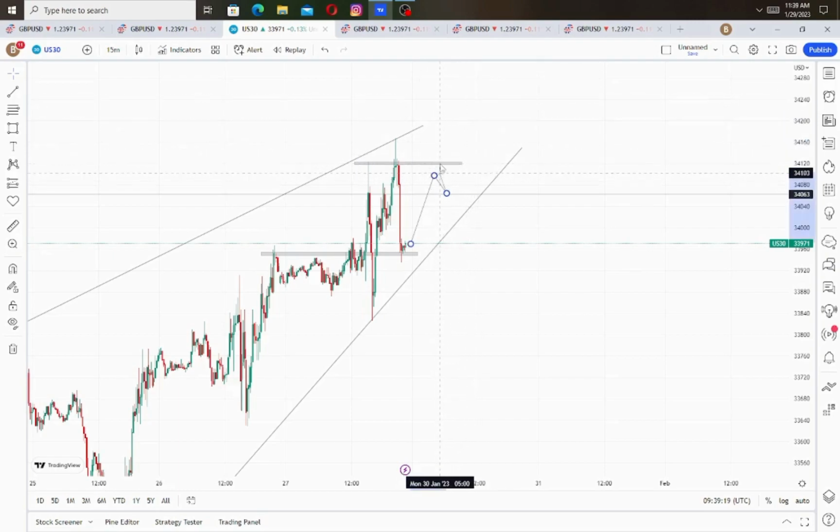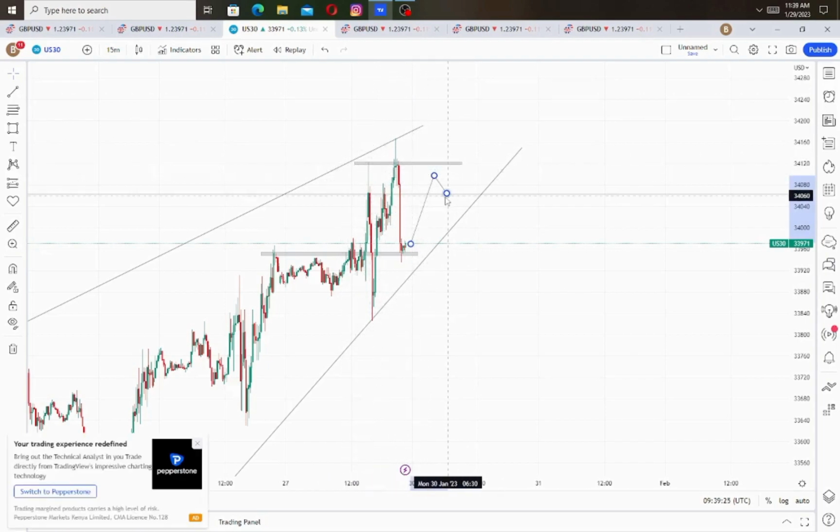So if it doesn't break above here, just expect it to respect this area and give you that resistance. Also this area, because it's a resistance and support area, so it's most likely to play around this area right here before breaking up.